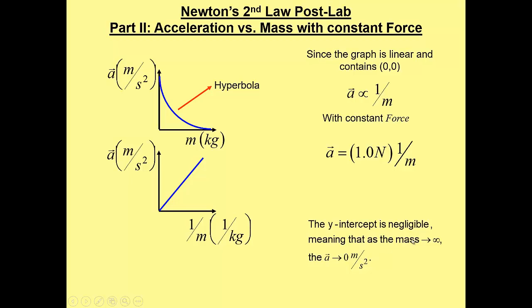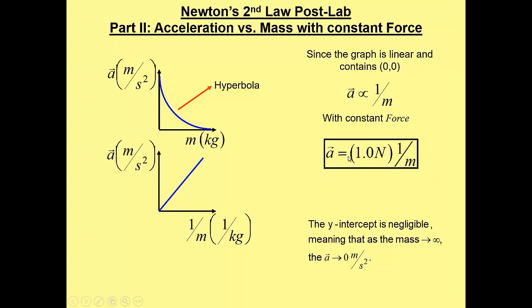Seems kind of weird, right? But if you kept piling masses on the cart, it's going to slow down, slow down, slow down. So again, a little weird here with the whole inverse thing for the y-intercept. But since it ends up being 0 in our linearized graph, we don't have to add a 0, and this becomes our second math model.